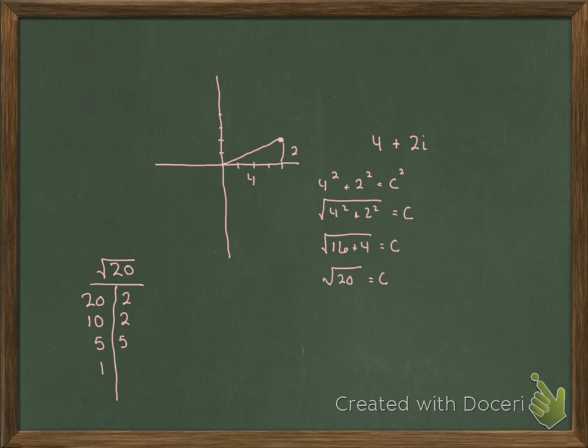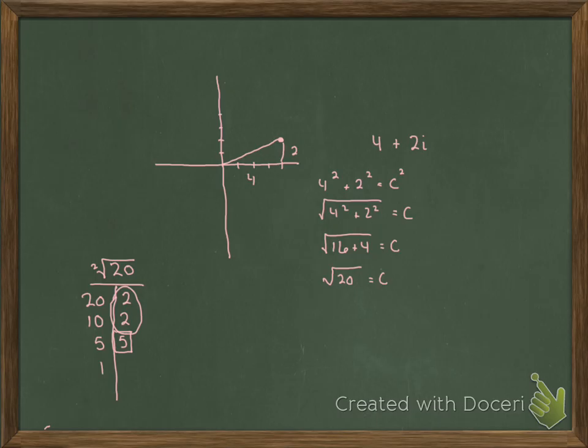Okay? So this is the prime factorization of 20. What we need is the simplified radical. So because we're finding the square root, we're going to group like numbers from the right-hand side of this table in groups of 2. Okay, so I've got two 2s, and then I've got one little loner guy, that's the 5.